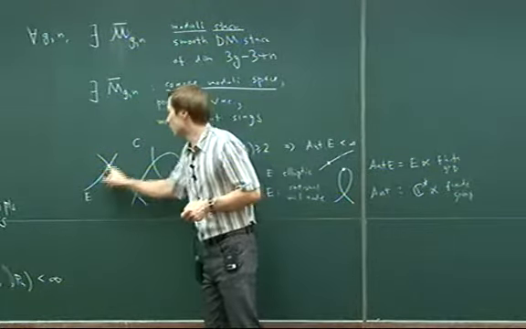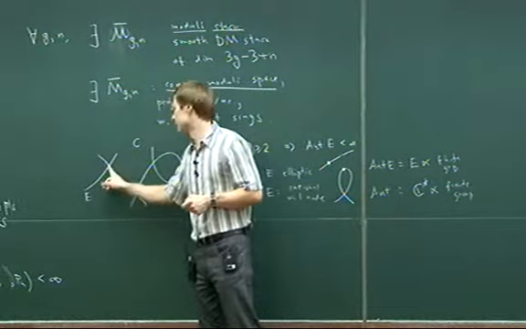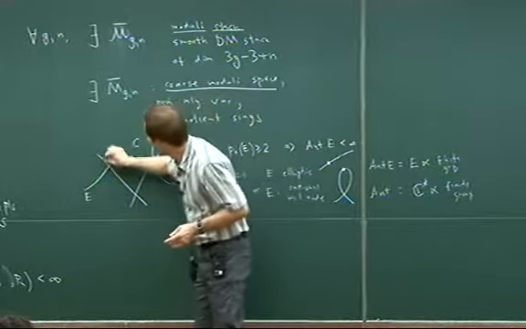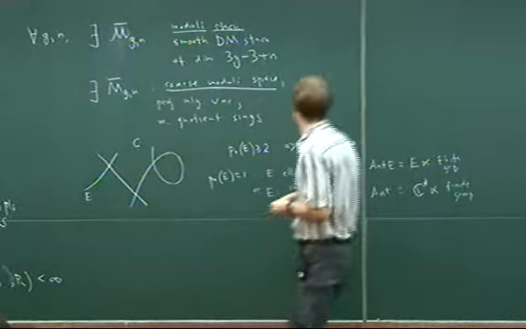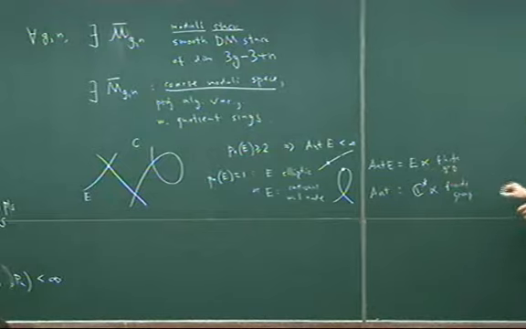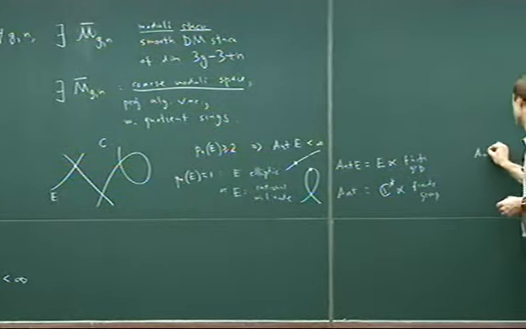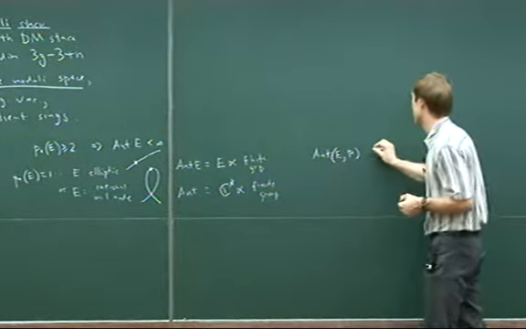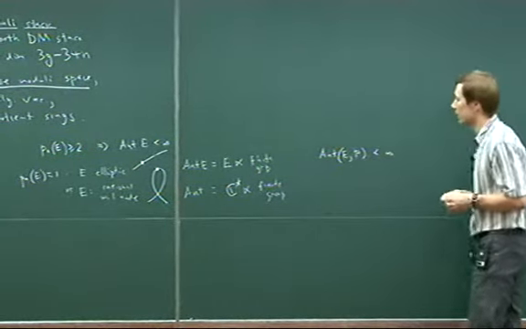So if this curve is elliptic, for example, and it has one point of intersection with the rest of the curve, then instead of looking at the automorphism group of E, we look at the automorphism group of E plus that point, and that's already finite.